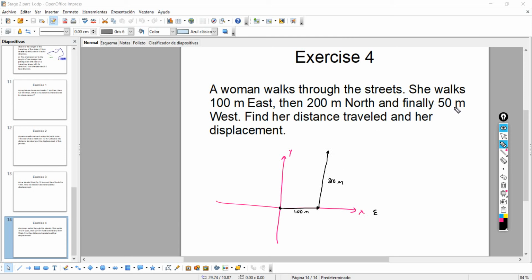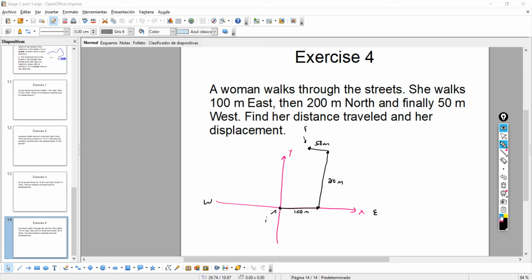And finally 50 meters west. Since the west points towards the left, this woman would walk in this direction for 50 meters now. There you go. So the woman walks in this way, and she's gonna stop right here. So this is the initial point of the motion, and this is the final point of the motion.